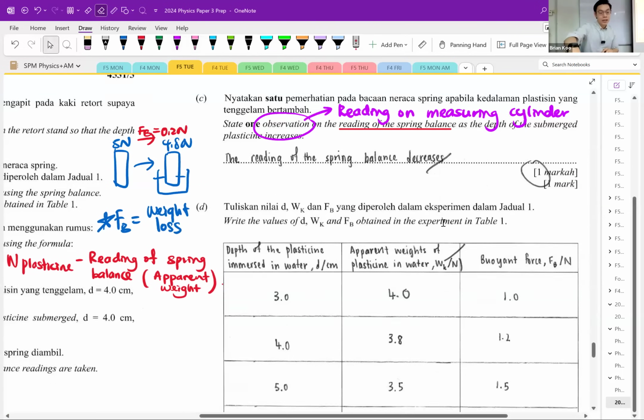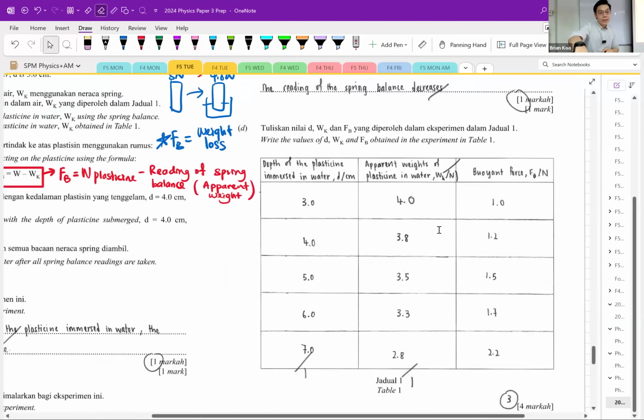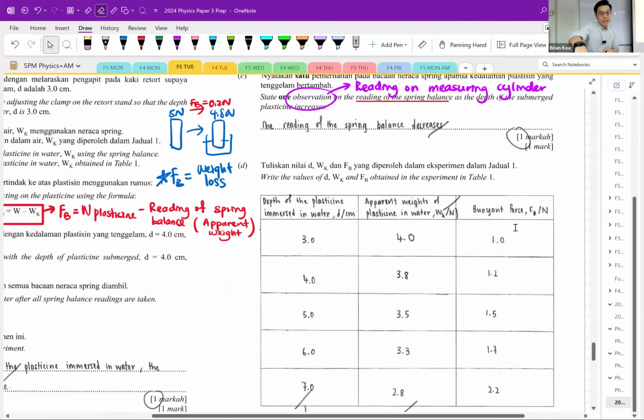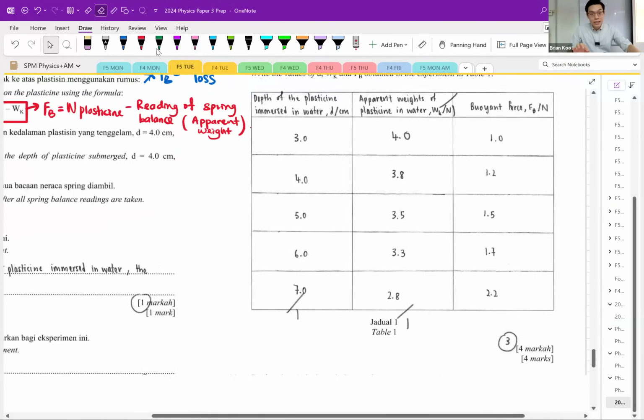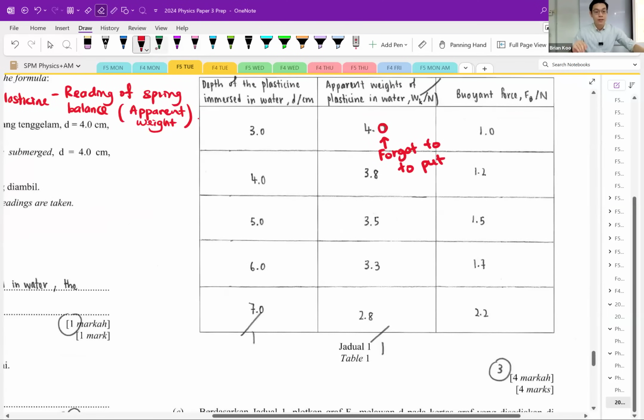This one is quite obvious. The whole table looks very perfect, but there is something you cannot see because everything is in black and white, and that is this 0 actually. This student forgot to put the 0.0.